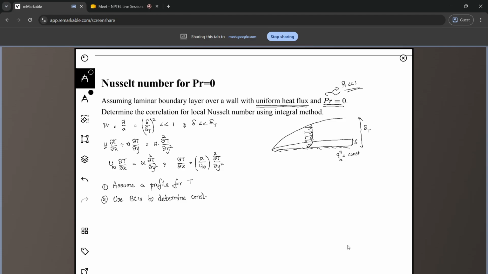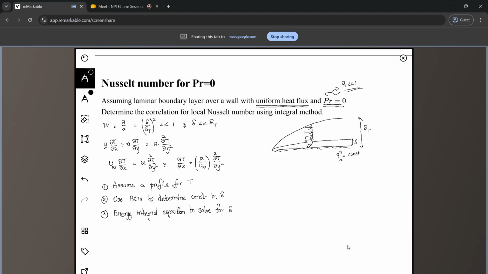So we need one more equation for delta, and then use the energy integral equation. Right? So what is the profile that I'll be starting with?